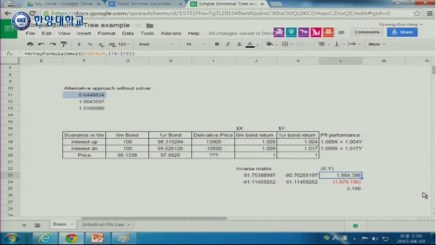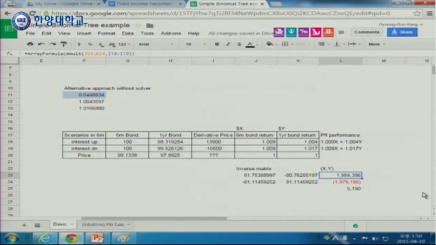What is this inverse matrix actually? Why do we need an inverse matrix? What is it showing? I mean, this is an intermediate step.